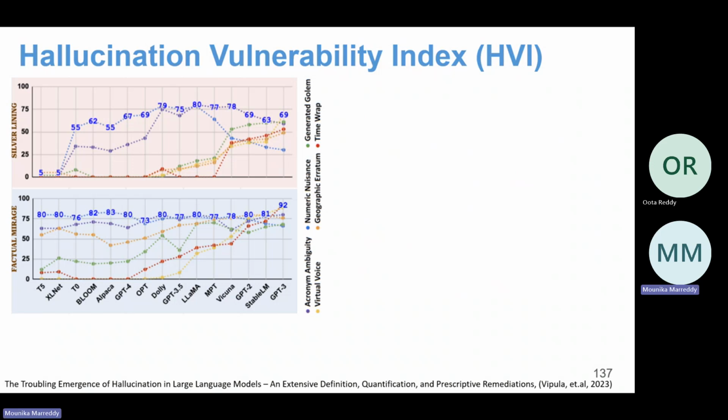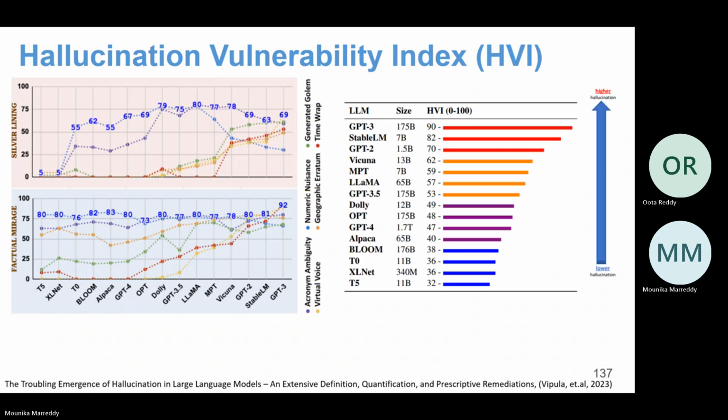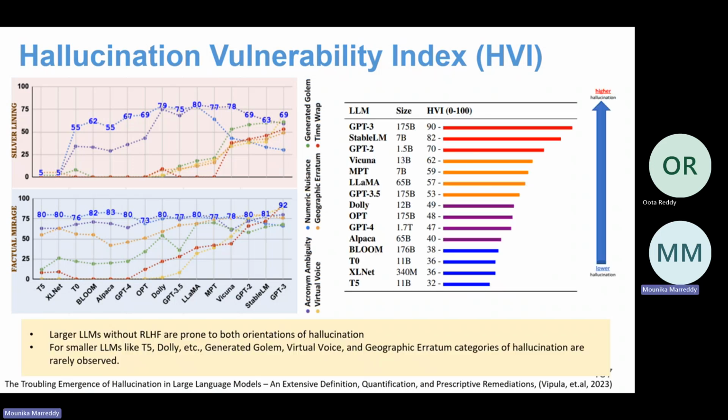For smaller models like T5 and Dolly, we can clearly see that the generated golem, virtual voice and geographic erratum categories of hallucinations are rarely observed. From this, we can conclude that larger LLMs without reinforcement learning are prone to both orientations of hallucination, and for smaller LLMs like T5 and Dolly, these categories of hallucinations are rarely observed.